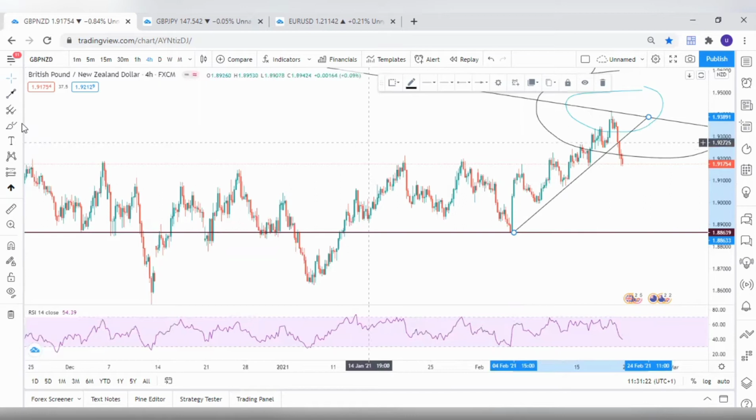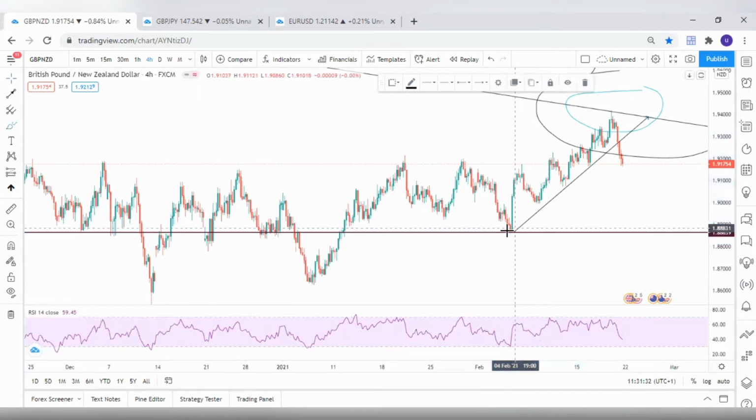How do we even identify an uptrend? An uptrend is when market makes series of higher highs and higher lows. This is a higher high, higher low, a higher high here, and a higher low here. So this is how we identify an uptrend.